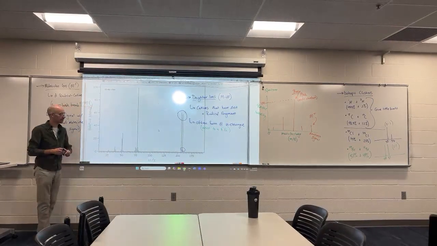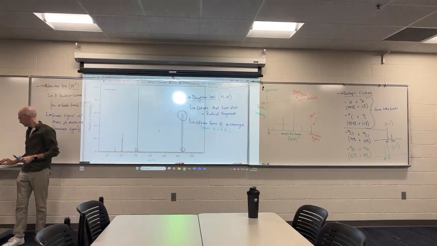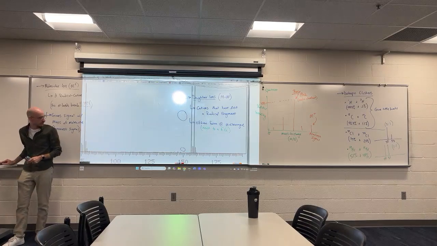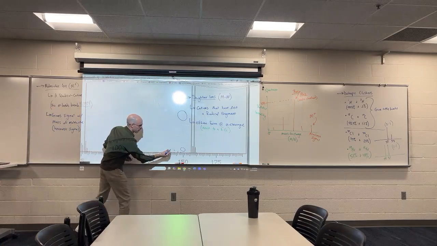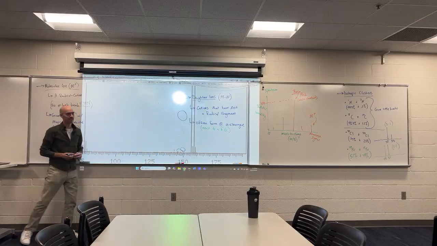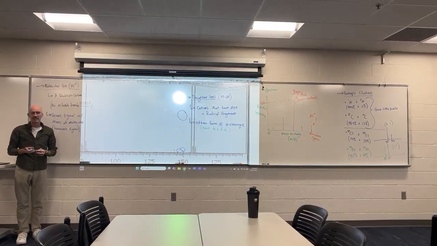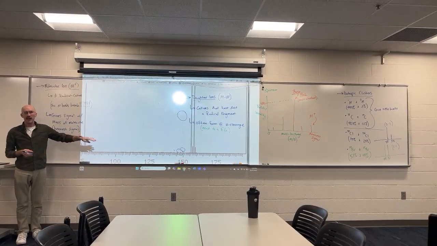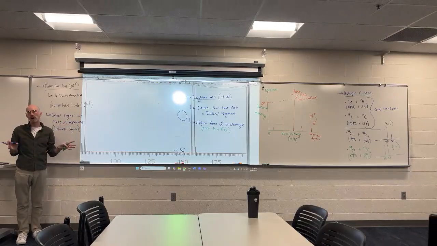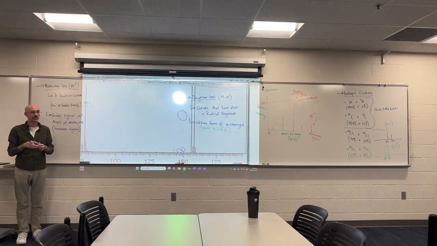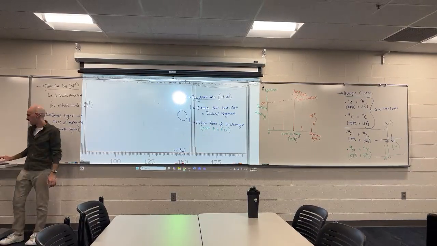Any others that you guys see? How about this one? Little tiny isotopic cluster, meaning that's a fragment that doesn't form often. It does form, just not as much as the others.